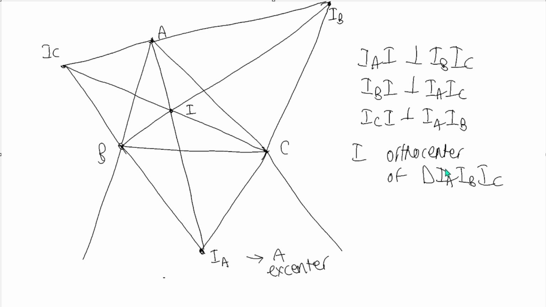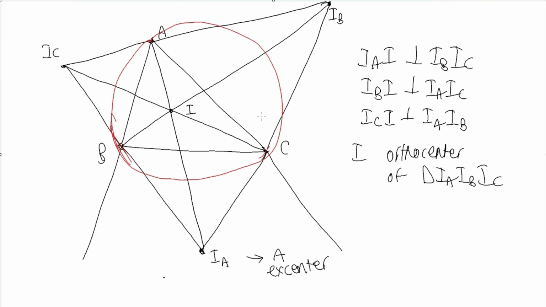So now let's see what happens when we draw in the circumcircle of the triangle ABC. So let's go ahead and draw this in. I'll draw it in a different color so that you can see what's going on. So now note that we're drawing a circle through the feet of the altitudes here.